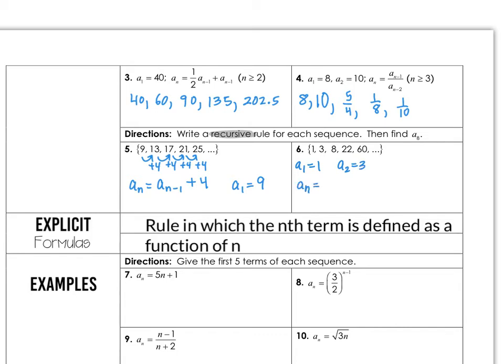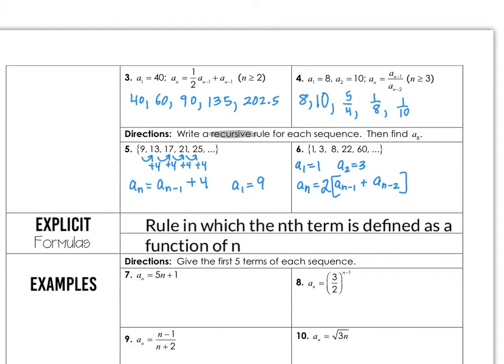If I take the 2 in front, so A sub n minus 1 plus A sub n minus 2, that's the 2 previous terms, and I multiply that by 2, it actually works because 1 plus 3 is 4 times 2 is 8. 3 plus 8 is 11. 11 times 2 is 22. 8 plus 22 is 30. 30 times 2 is 60. So that actually works. So that's a tricky one. That is a very tricky one. It's difficult to see, but that's what it is.